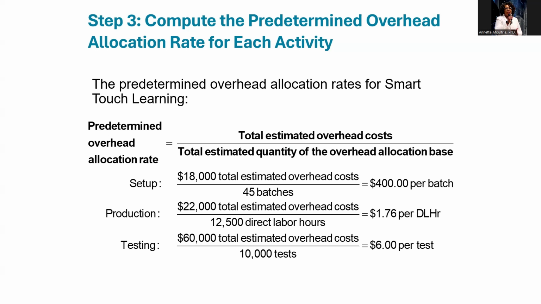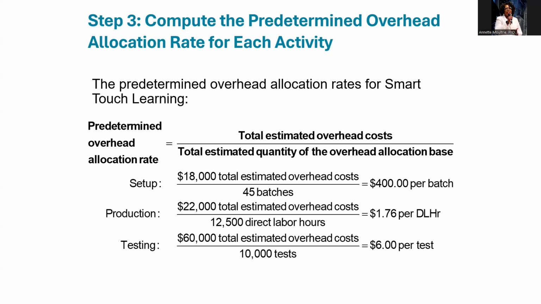So you see with the setup, $18,000 total estimated overhead cost over 45 batches equals $400 per batch.